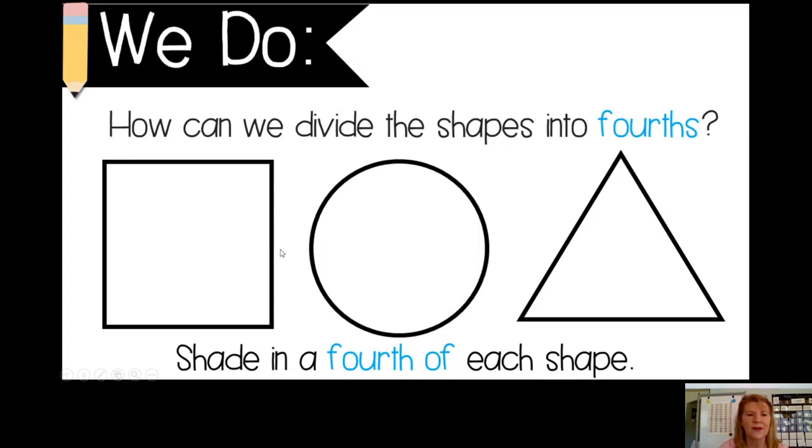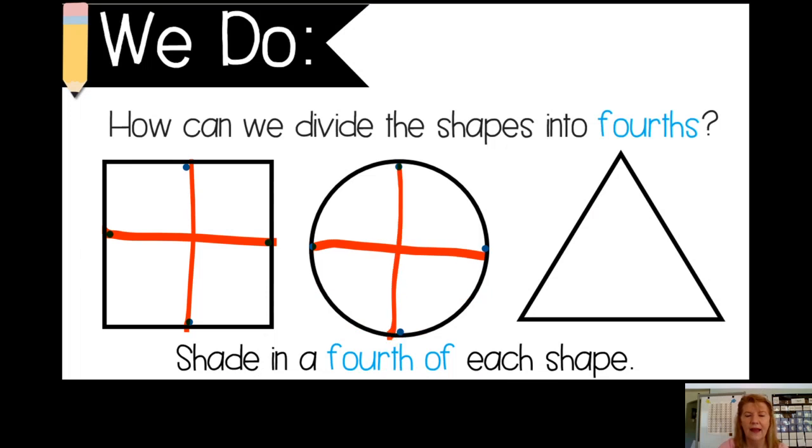How can we divide the shape into fours? Start off with the square with putting dots in the middle of each side. Draw your lines and you have fours. Circle, put your dots on each side and you have fours. And then your triangle, how will we divide a triangle into fours?